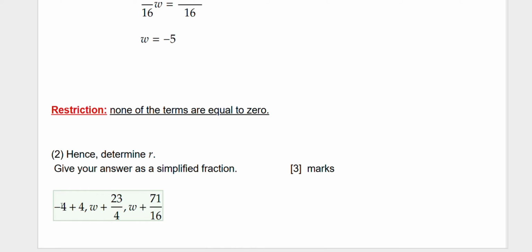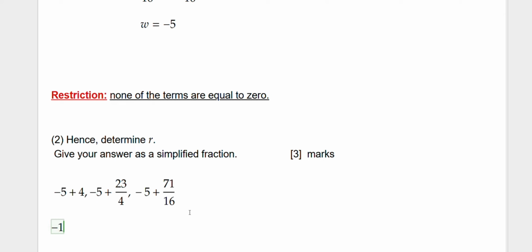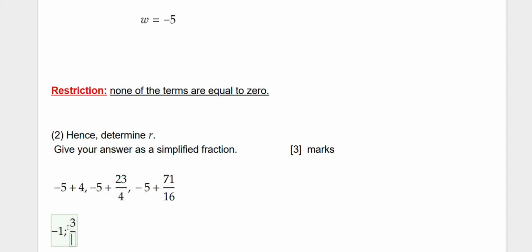So it's going to be negative 5 plus 4, the next term negative 5 plus 23 over 4, and the next term negative 5 plus 71 over 16. Negative 5 plus 4 will be negative 1, our second term will be 3 over 4, and our third term will be negative 9 over 16.